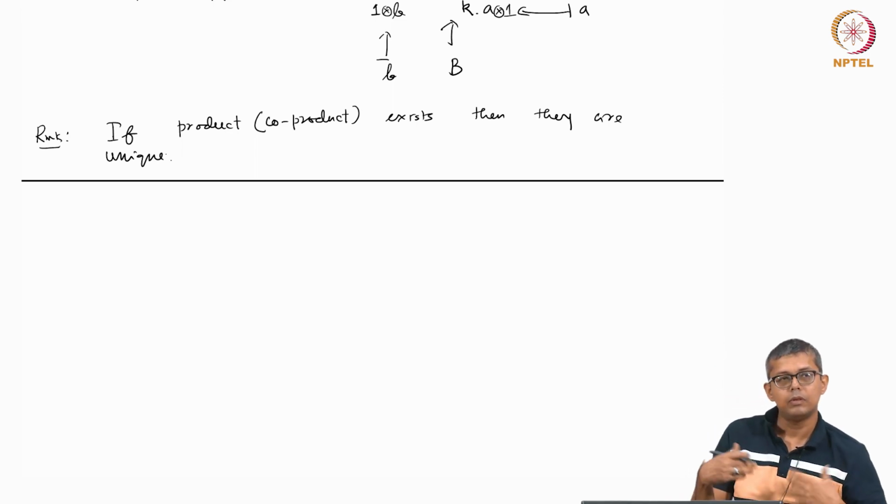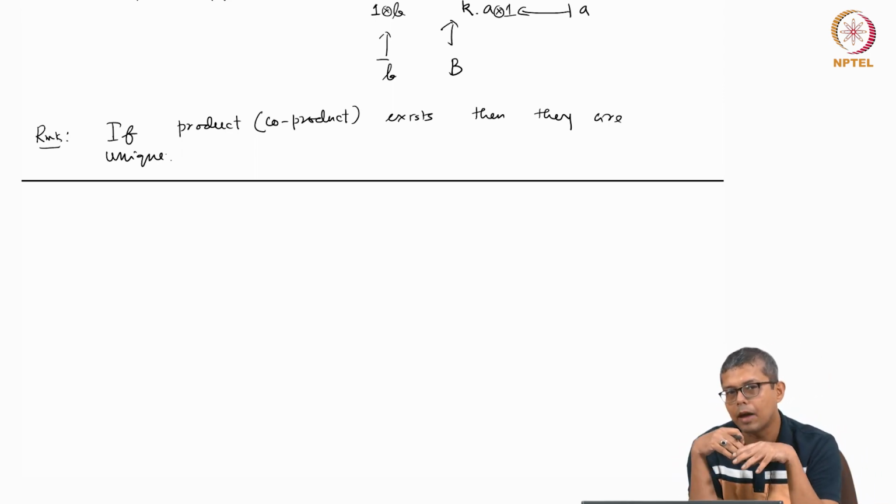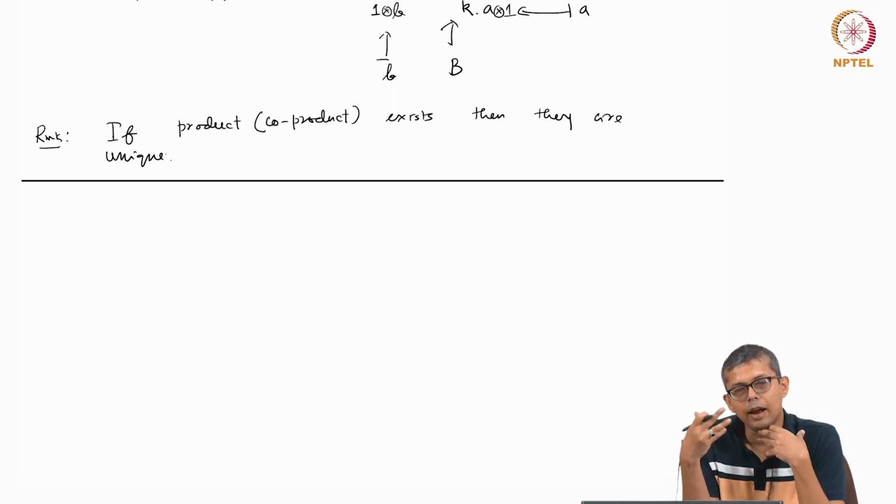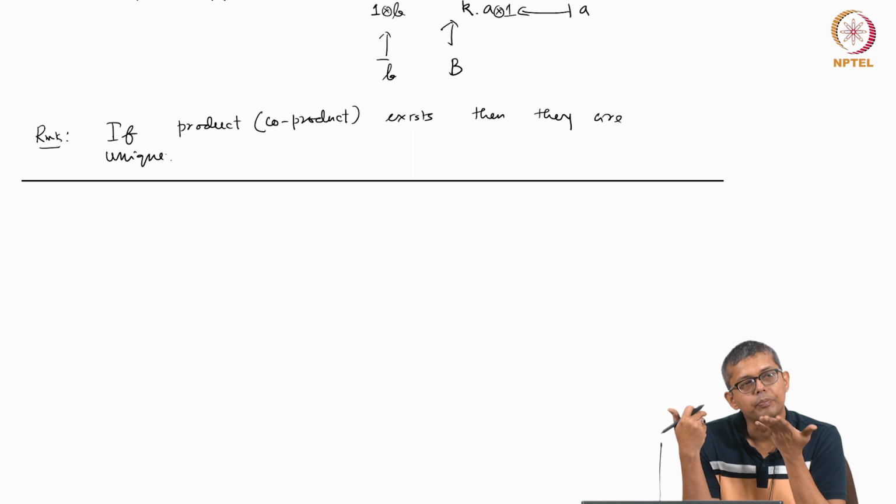That means if we have another co-product, then there is an isomorphism, and the isomorphism will also be unique.